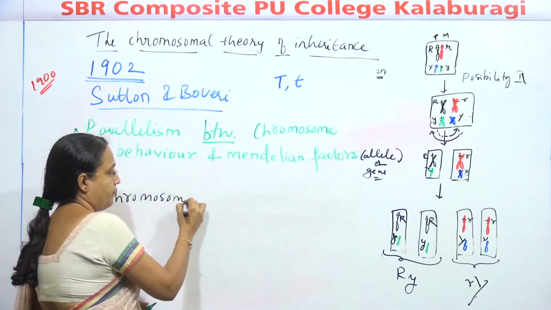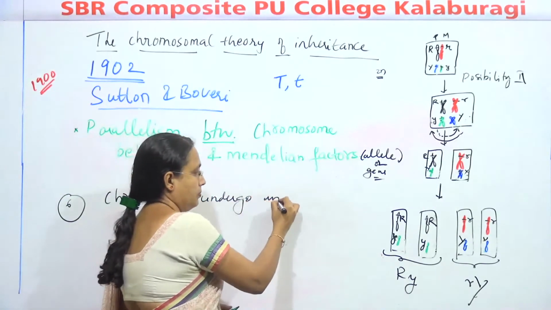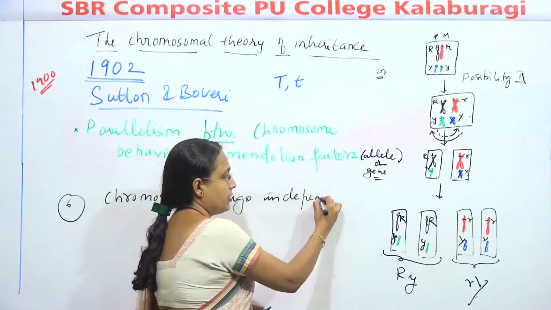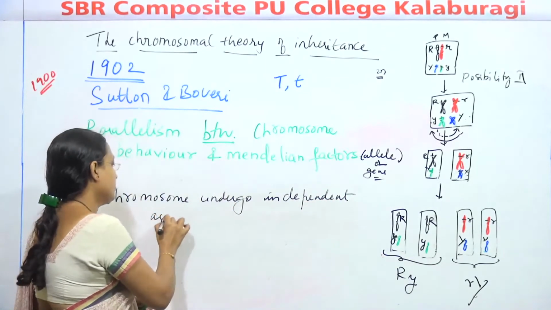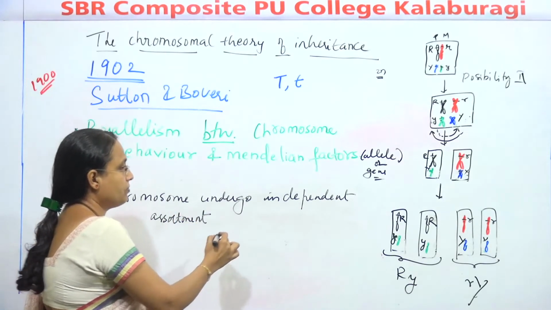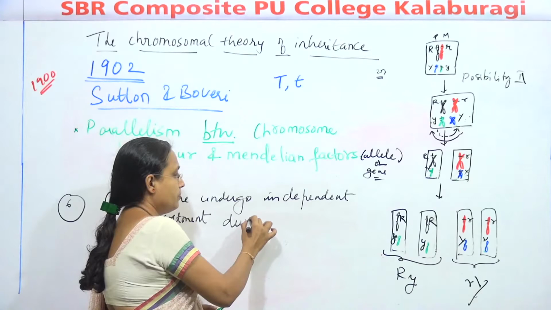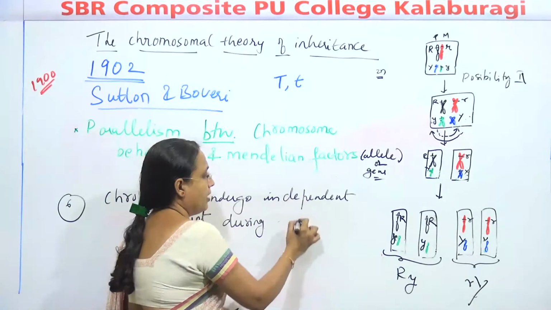Chromosomes undergo independent assortment during formation of gametes.